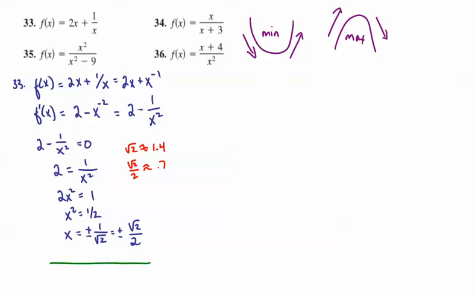So remember that we had a vertical asymptote at 0, and we have negative root 2 over 2 and positive root 2 over 2, which are roughly about negative 0.7 and positive 0.7. So we can use negative 0.5, negative 1, 0.5, and 1.